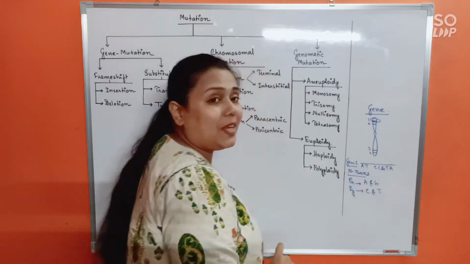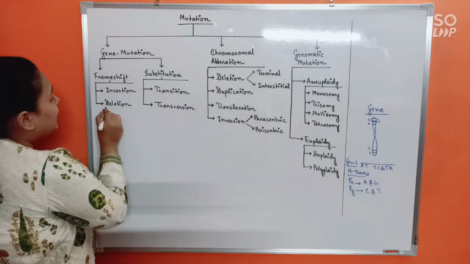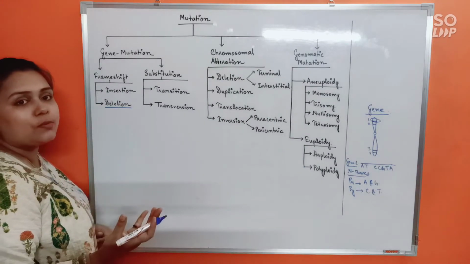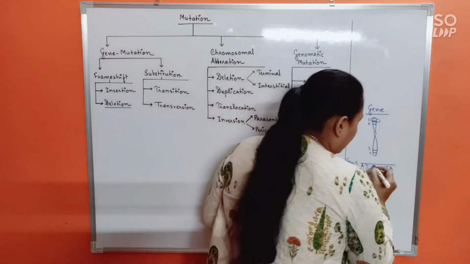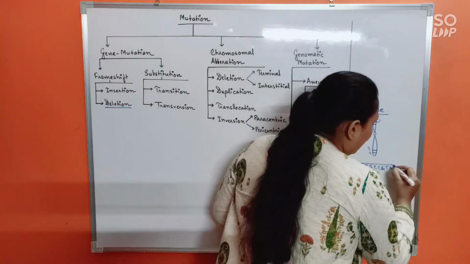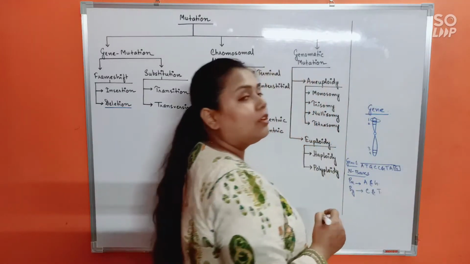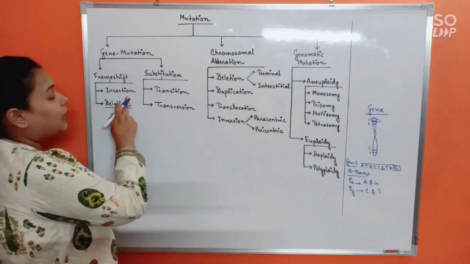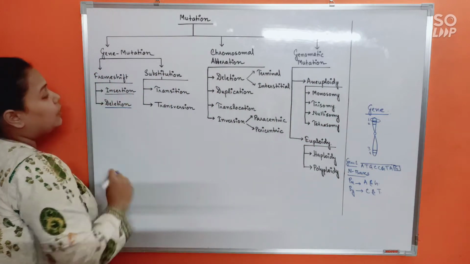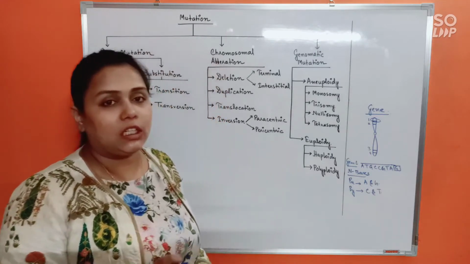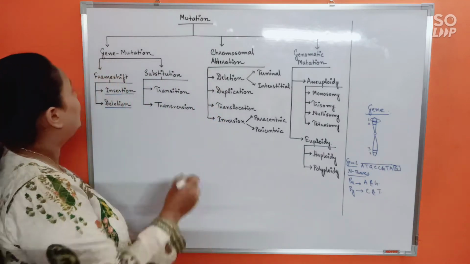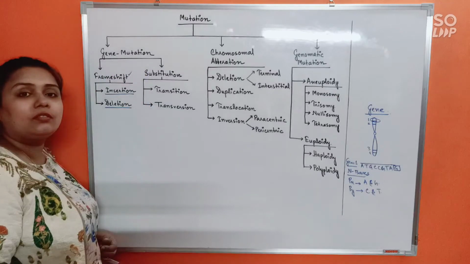One thing has been missing. That means it has been deleted, so that is of course a deletion. And in case a G gets added here, what will that be? Insertion. Understood? So any kind of deletion or insertion happening in the gene is known as frameshift mutation.